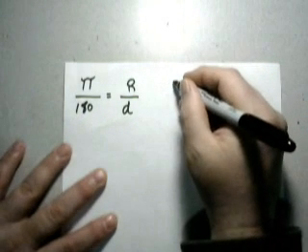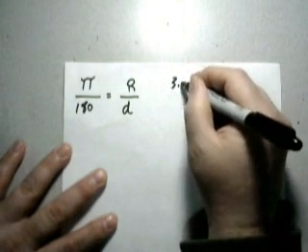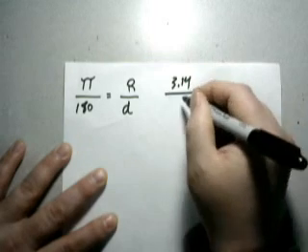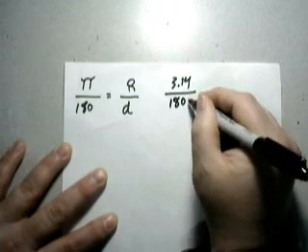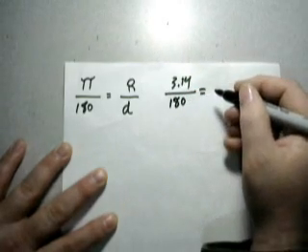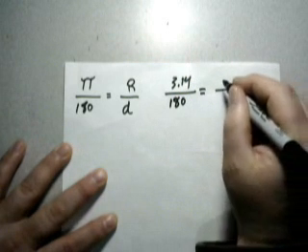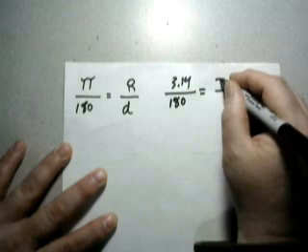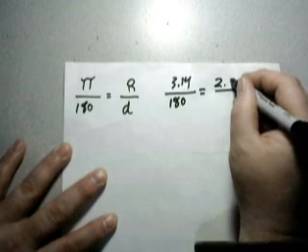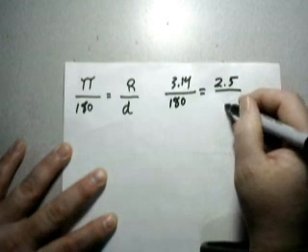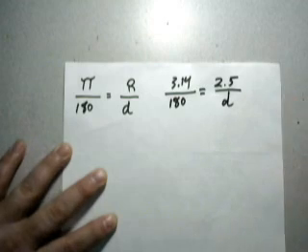So, I'm going to use 3.14 over 180 is equal to, I'm given the radians, so I put the radians up here, 2.5, and then what I'm looking for in that first one is the degrees.